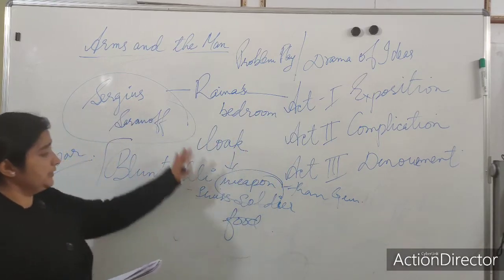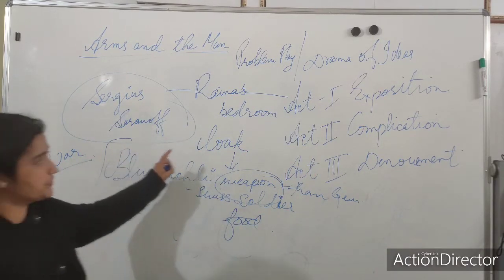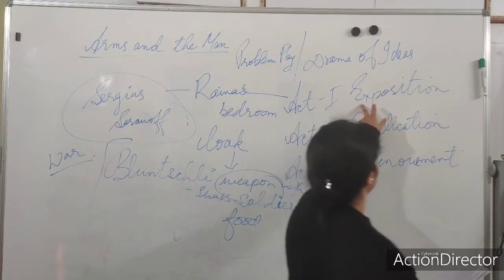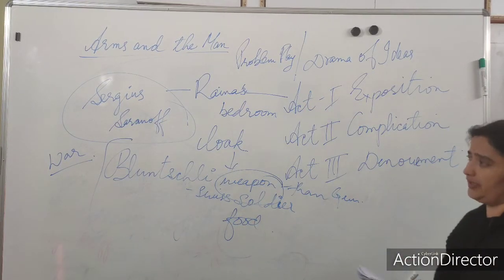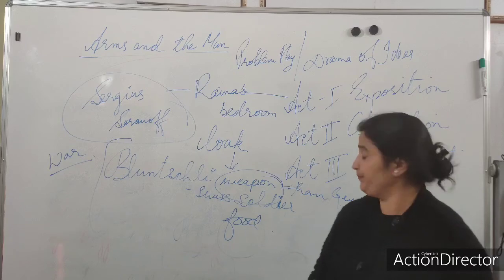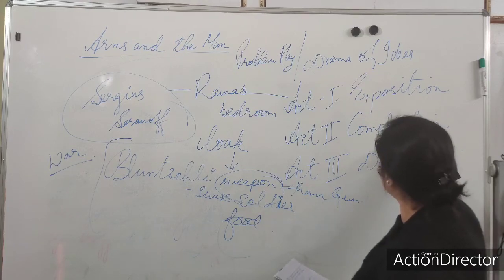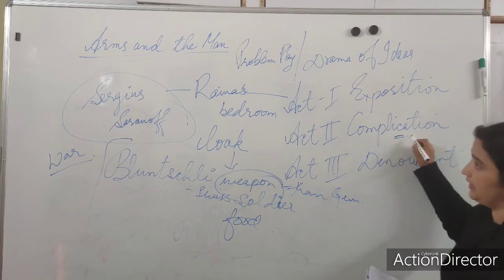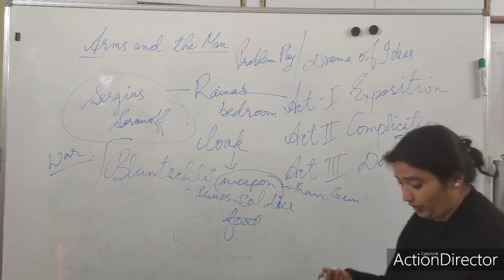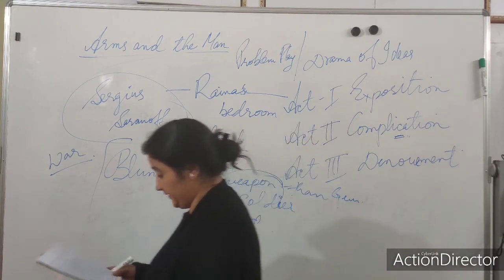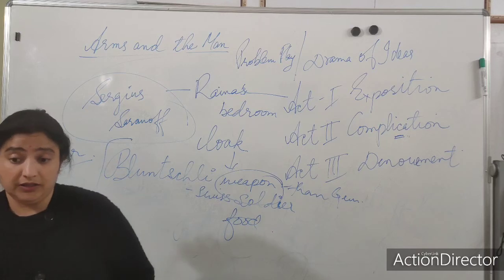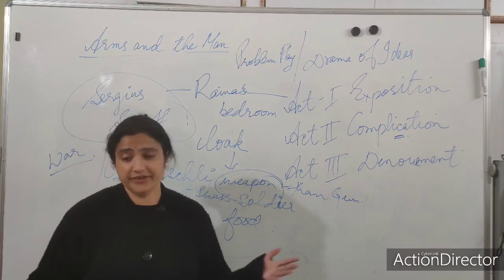So this is how the main action has been introduced in the very first act, and almost all the characters have been introduced here. Next, the complication, the problems begin here. Now how the problems have started is when they return home.